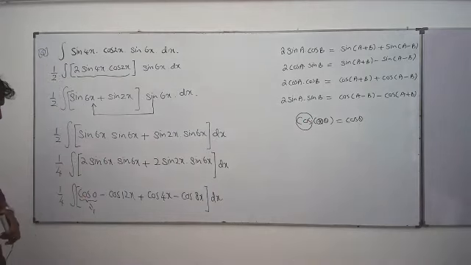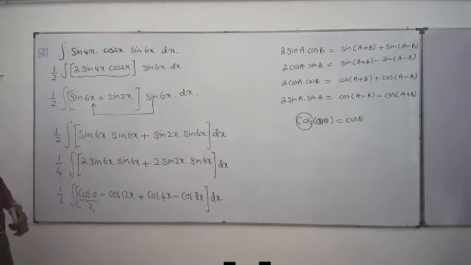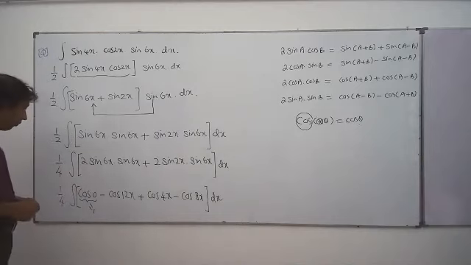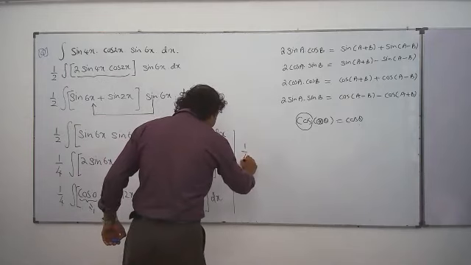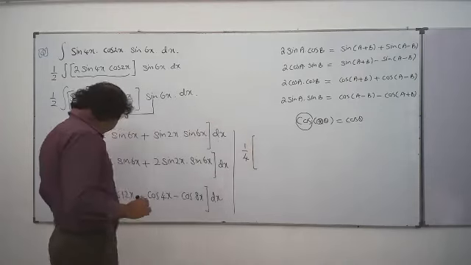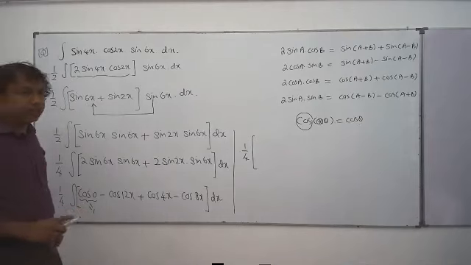Then you can integrate every term here. Right? Now take the answer. I write that here. 1 upon 4. Cos 0 is 1. Integral of 1 is x, no?